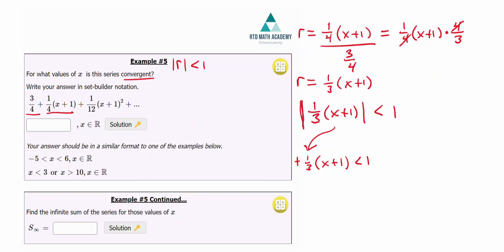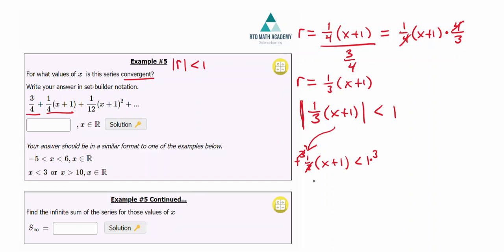There are different ways to do this, but I think the easiest way would be to multiply both sides of this inequality by 3. So I'm going to multiply this by 3 and this by 3. That made those cancel, which is why I'm doing it. I just want to get rid of that 3 in the denominator. And then I have 3 on this side.